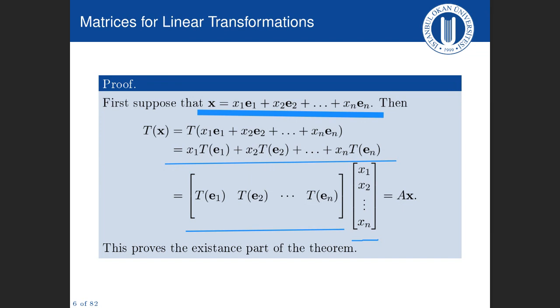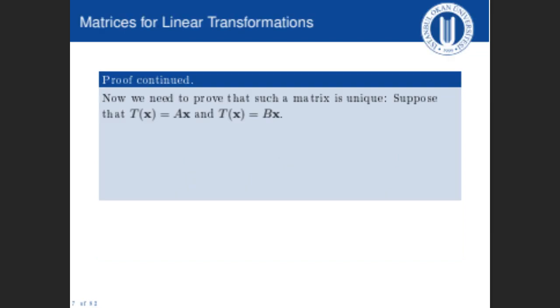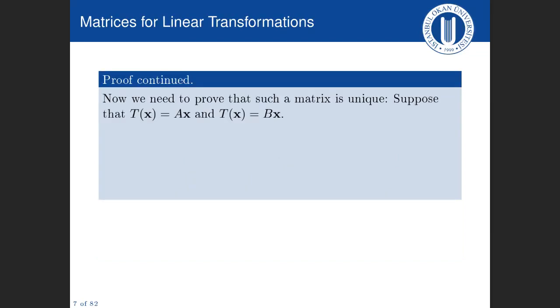But we're not finished yet because the theorem said that this matrix is unique. So we need to prove that as well. Let's suppose that we have two matrices. Let's suppose we know that T(x) is Ax and we have that T(x) is equal to Bx. We need to prove that this implies that A and B are the same matrix. But we can do that like this.